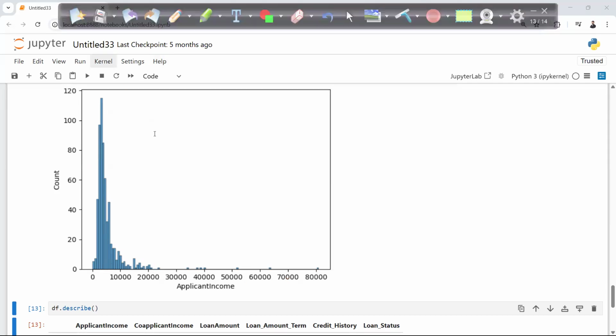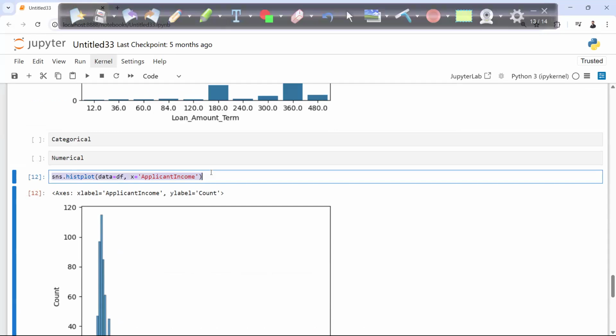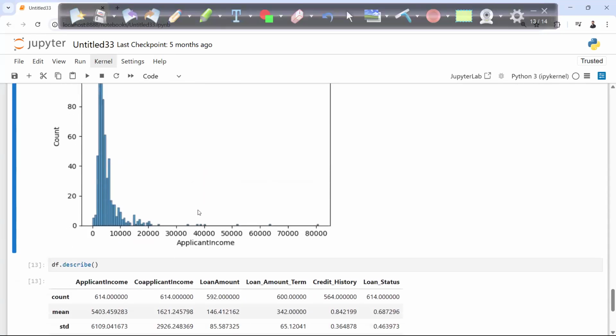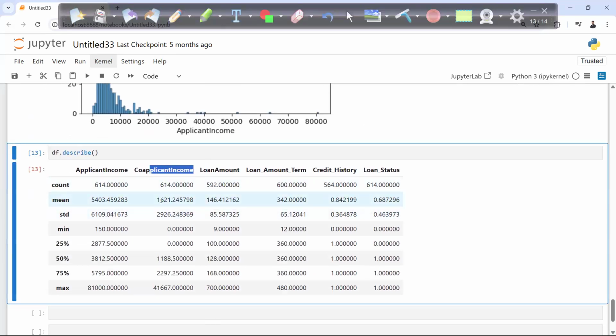Let's go and check the other numerical column. Let's first check the numbers out here, right? My mean is 1621 and my median is 1188. What type of chart do you think will be coming in? Left skewed, right skewed, or normal?